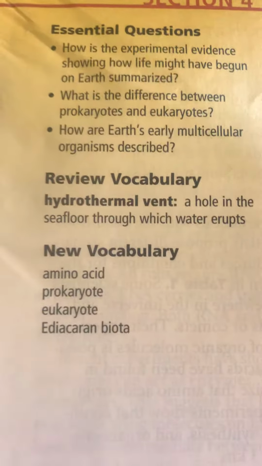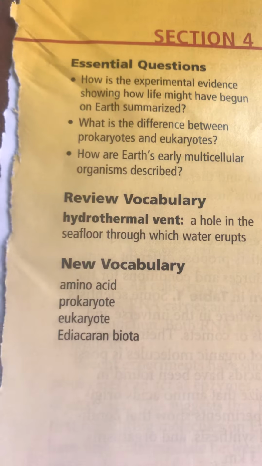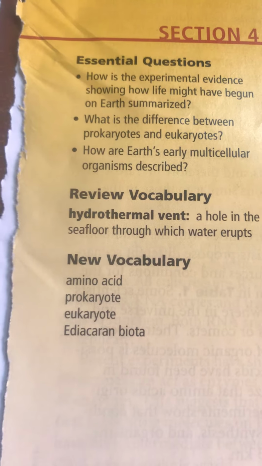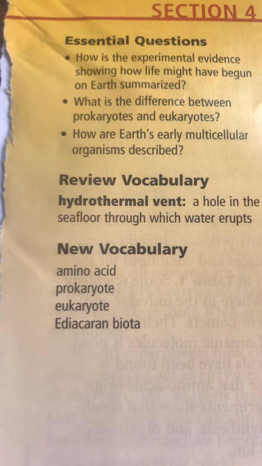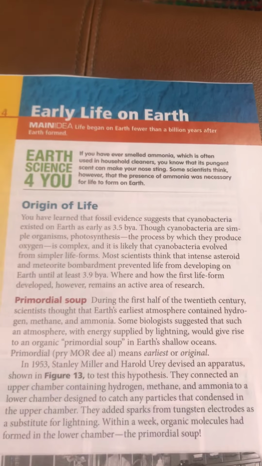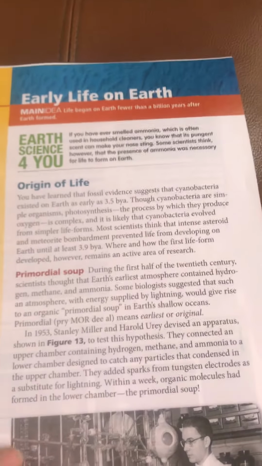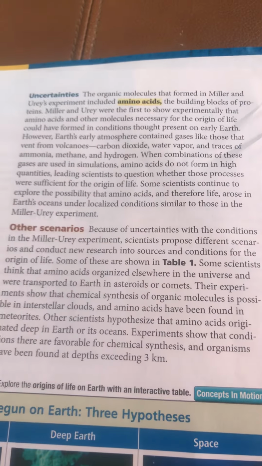And here's the vocabulary: amino acid, prokaryote, eukaryote, and a whole bunch of words that are difficult to pronounce. Ediacaran biota. Okay, so it talks about the origin of life, and this is on page 633. And primordial soup was one of the words that you're going to have to identify.